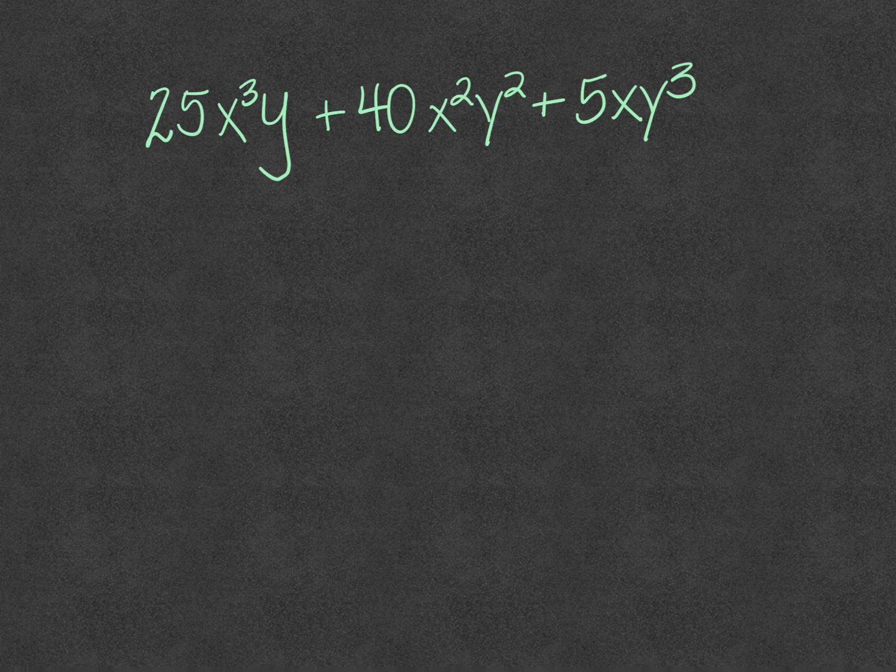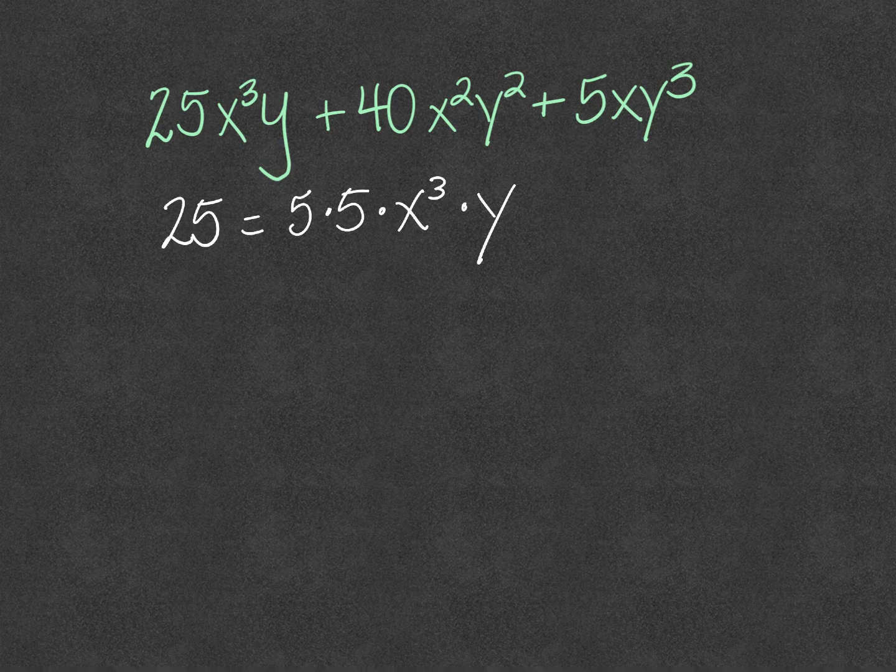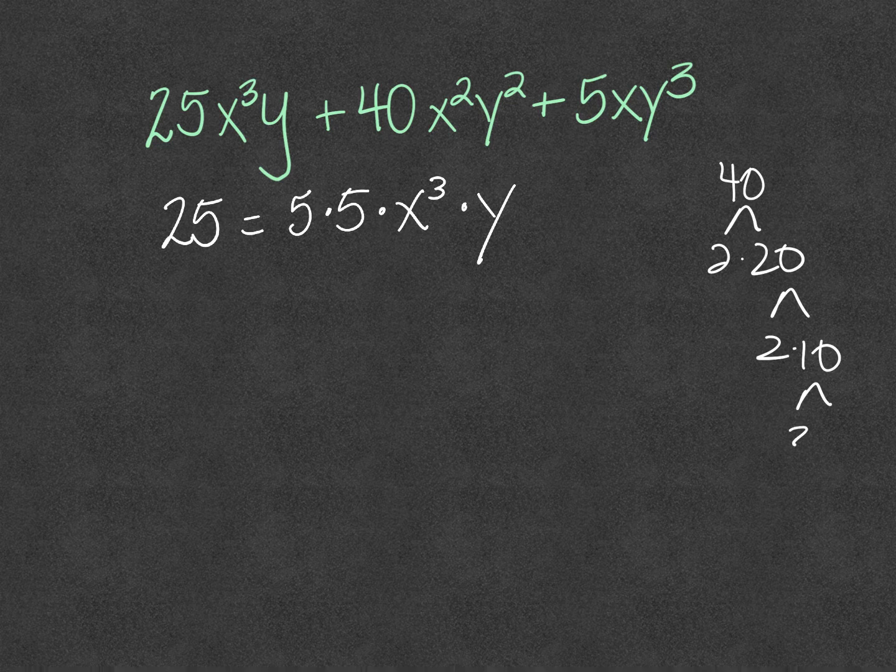So I'm going to find my prime factors. I know for 25, my prime factors are 5 times 5 times x to the 3rd times y. My prime factors of 40. You can go over here and do that. 2 times 20, 2 times 10, and 2 times 5.